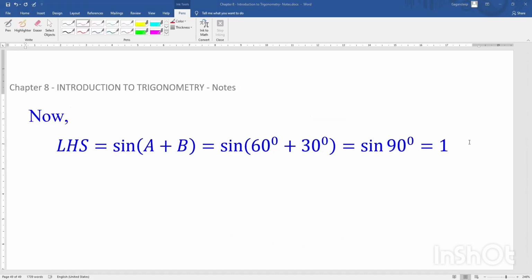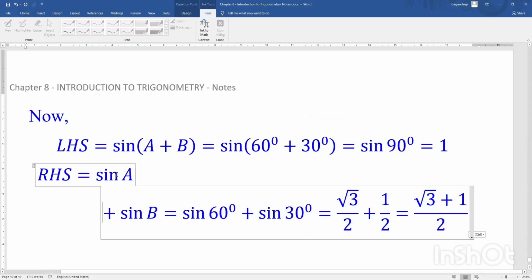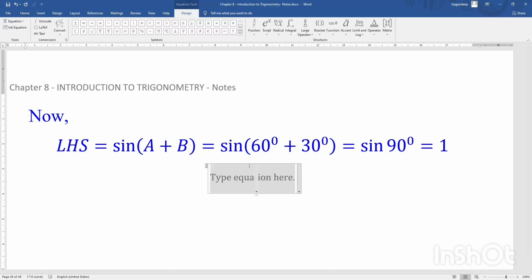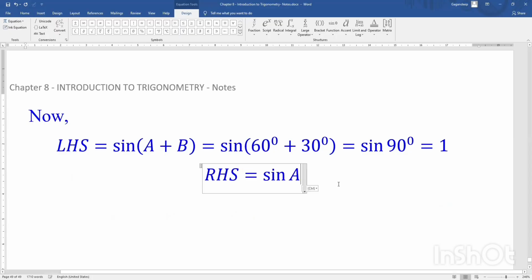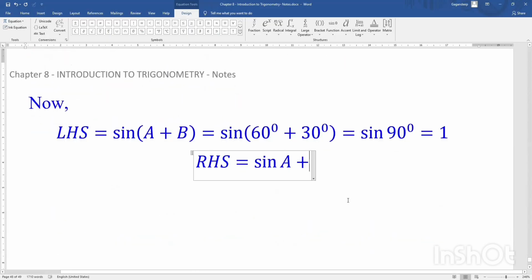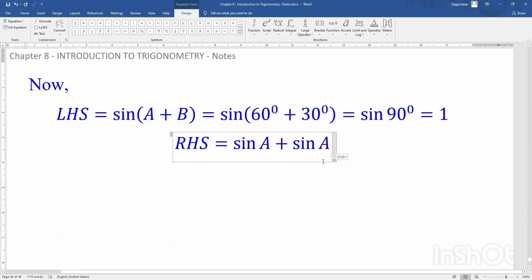Now what about the RHS part? RHS equals sine A plus sine B, that is what is given here. Then we can substitute these values.